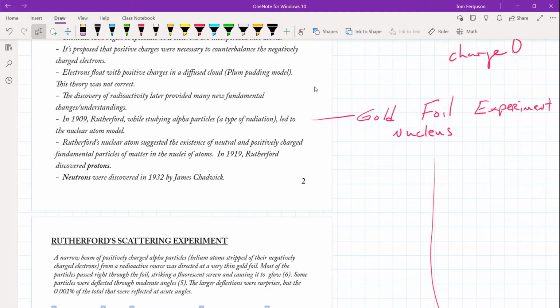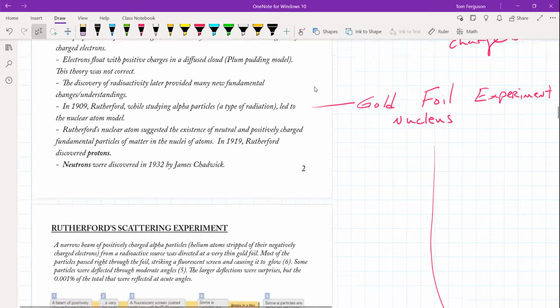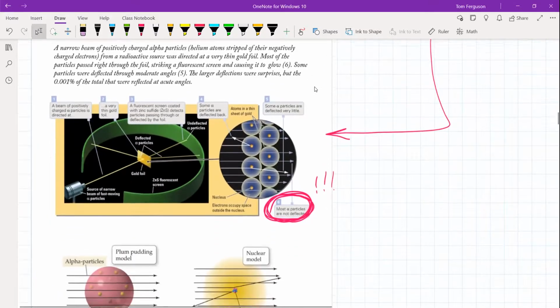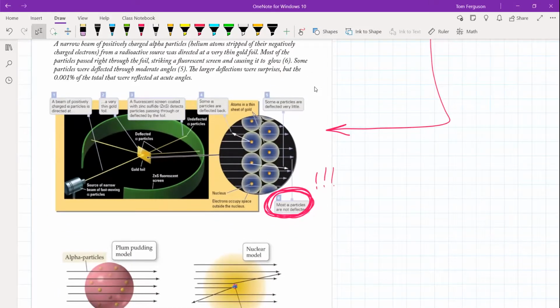Because before that, Thomson said anything can shoot through the atom without any problem. So Rutherford was saying, okay, I want to test that theory by shooting an alpha particle through gold. And this is what his experiment looked like.